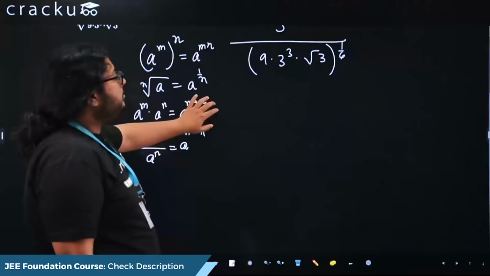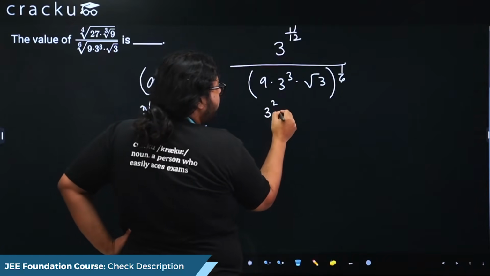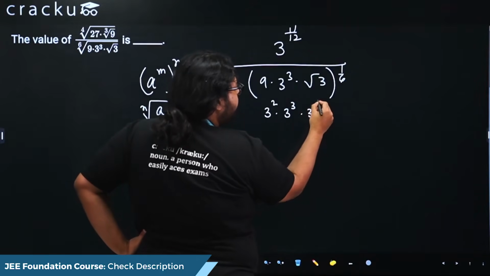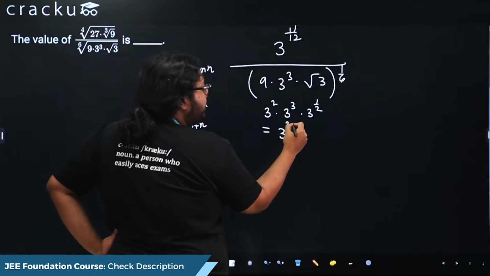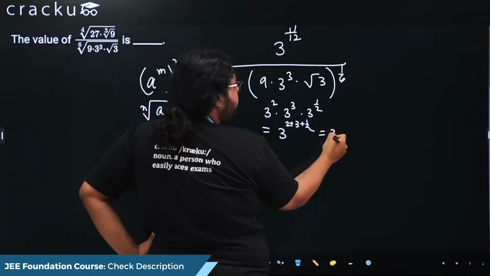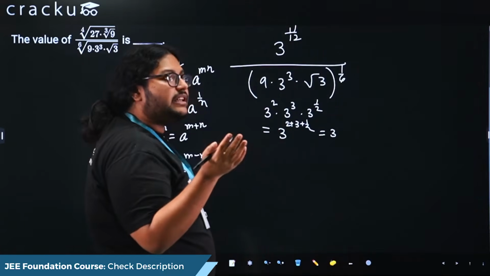Let's look into the denominator in a similar way. 9 is 3 square, 3 cube is 3 cube, and this one is 3 to the power 1 by 2. So this one is basically 3 to the power 2 plus 3 plus half, which is equal to 3 to the power 5 plus half. 5 plus half is 11 by 2.